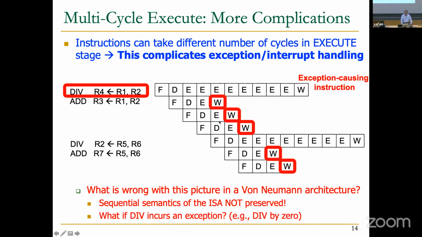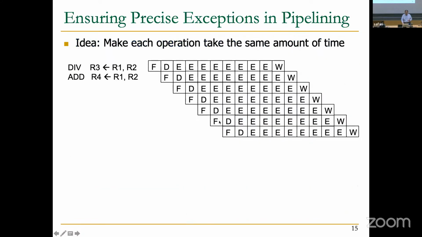Okay, so let's get back to this example. We designed this pipeline, and we saw that since we are committing instructions out of order, when the exception is handled for that division, our state is not precise. Now we want to know how we can fix it. One simple idea is to take an equal number of cycles for all instructions.